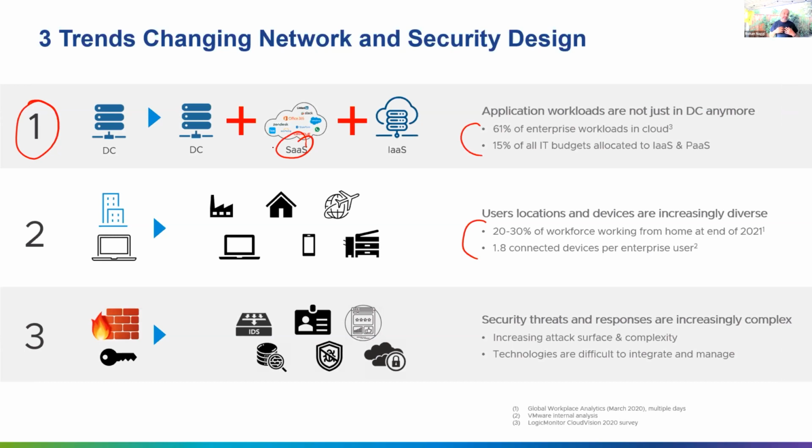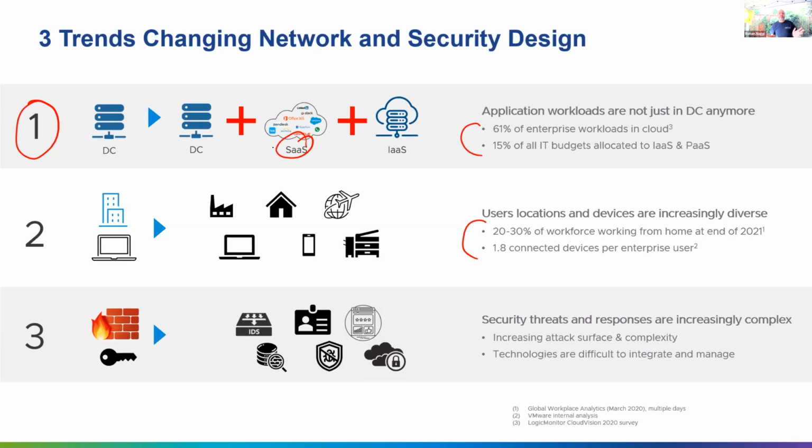So as a home user or an enterprise user, I have to access these applications. At the same time, this pandemic has accelerated things. It was just one reason for that acceleration. Users are working from home, and when they're working from home, they're using all kinds of devices to connect to the enterprise network: iPad, tablets, phone, home laptop.